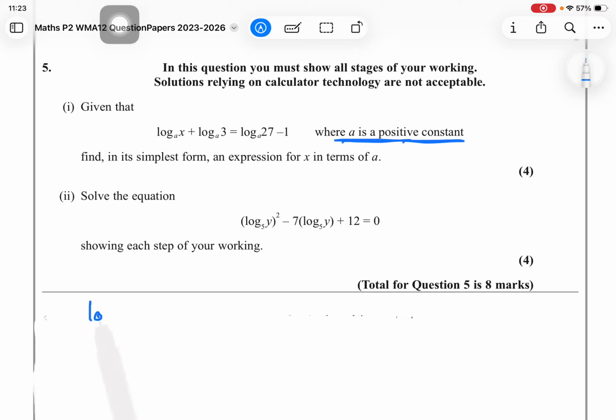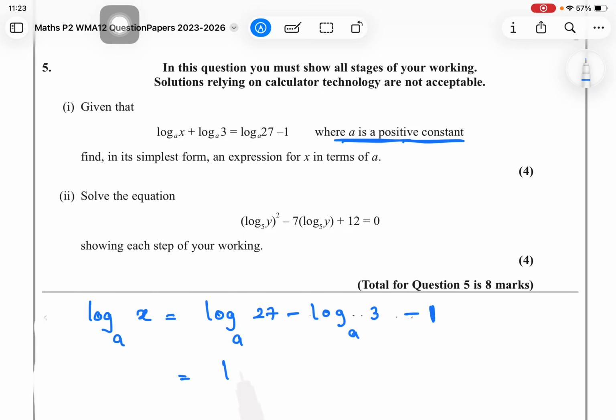Okay, in this equation, let me subtract: I'm going to have log a to the power 27 minus log a to the power 3, minus 1. I'll just keep the minus 1 as it is.